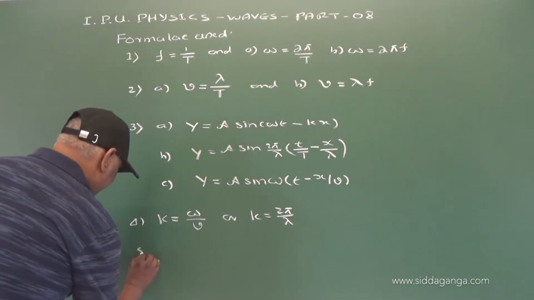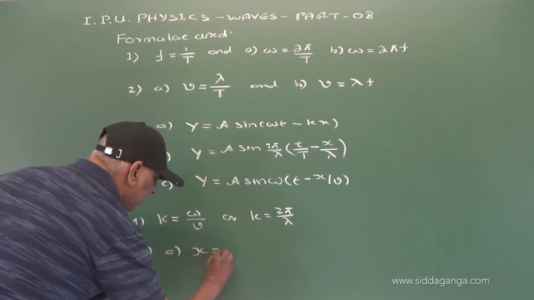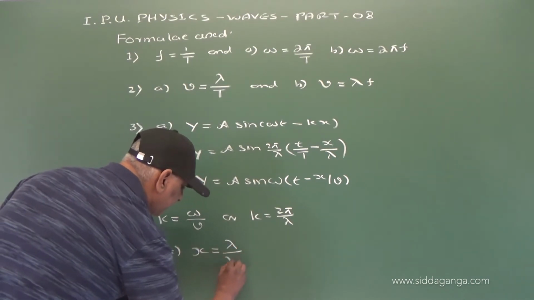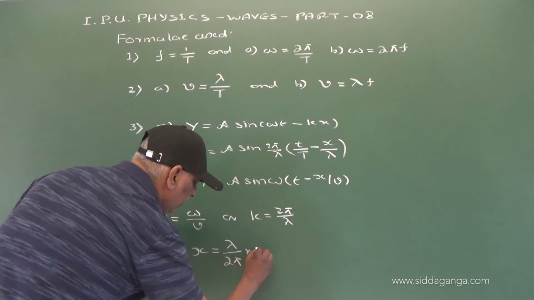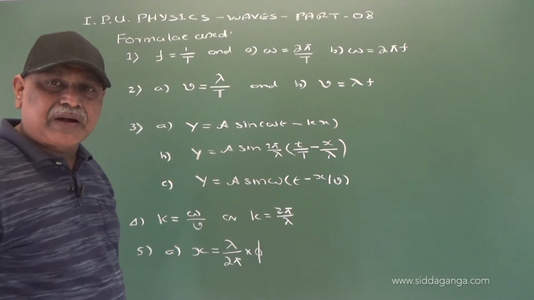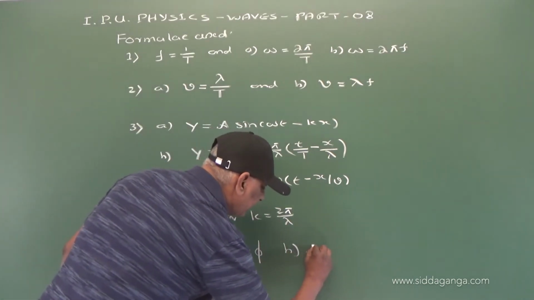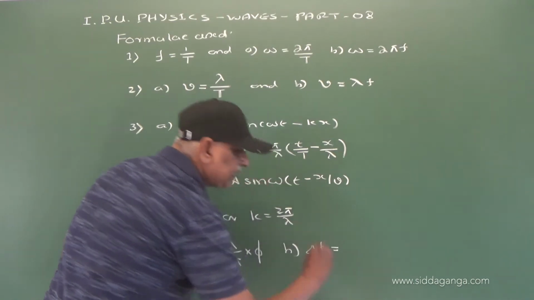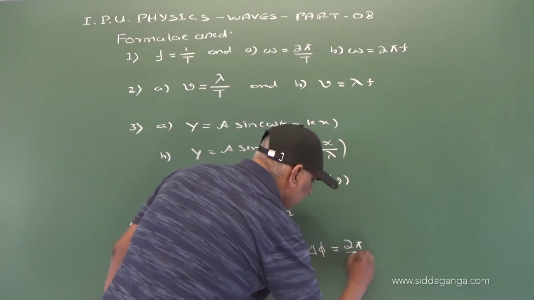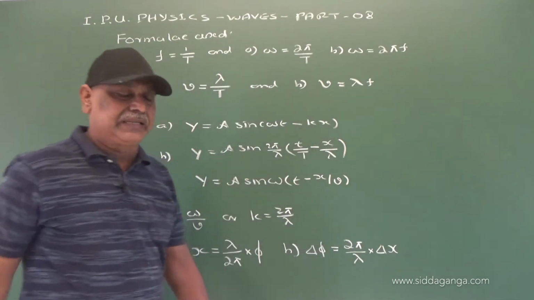Now the fifth one, we have the distance of the particle from the origin, x = lambda/2 pi into phi, where phi is the phase of the particle at a distance x from the origin. And we have the relation between phase difference and path difference: delta phi = 2 pi/lambda into delta x.